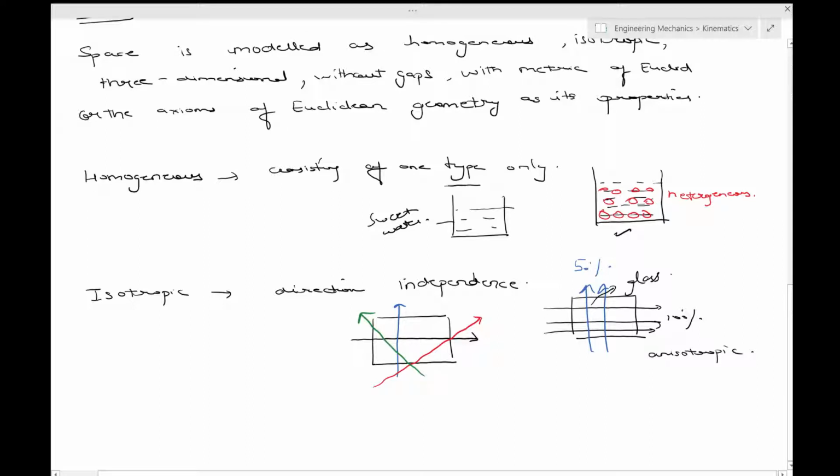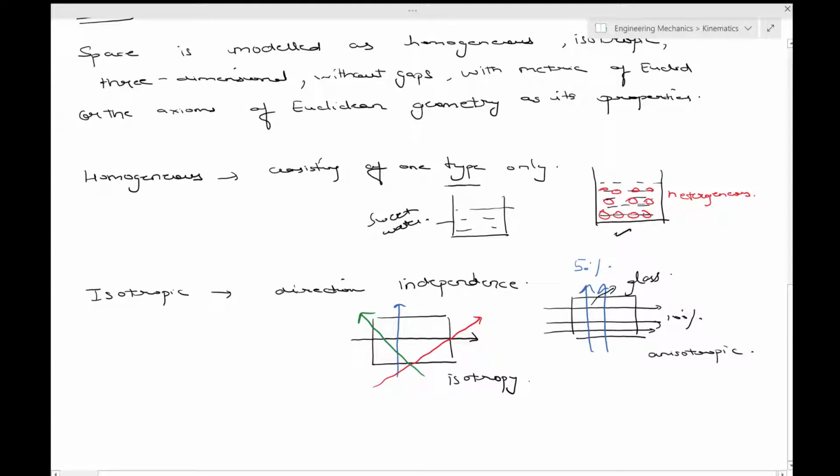Any direction you take, it will transmit all the 100% of the light. So this is called isotropy. I am just giving you an example so that you understand what direction independence means. The property will not depend on what direction the light is being transmitted in.